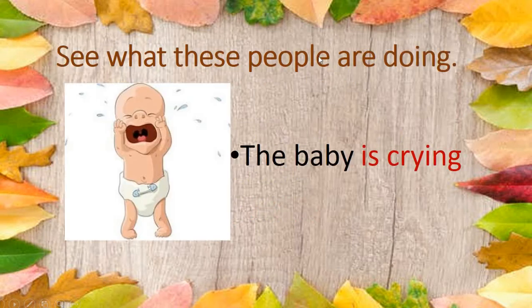Now see what these people are doing. First we have to see what the people are doing. See here this baby. What is the baby doing? Yes, you all know. See here it is written: the baby is crying.